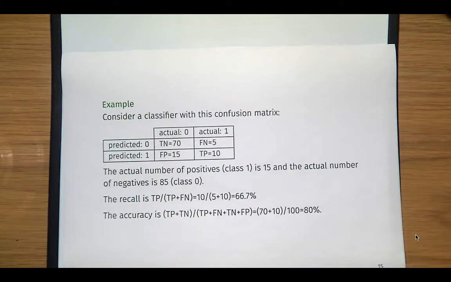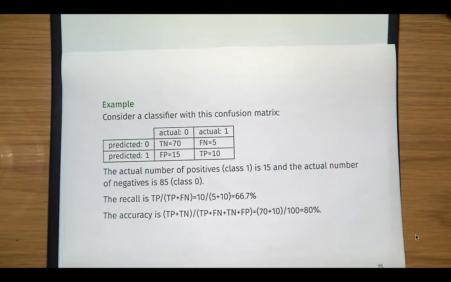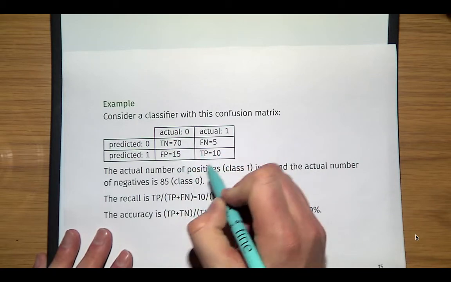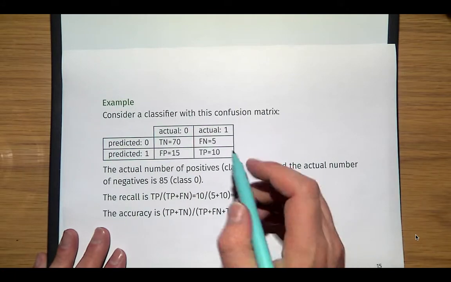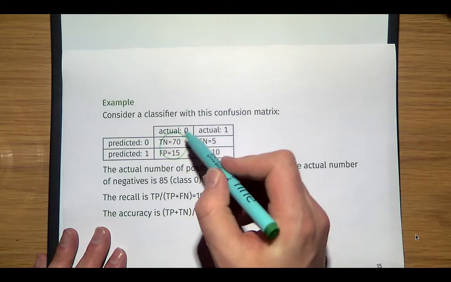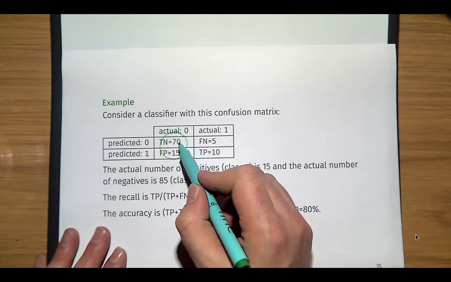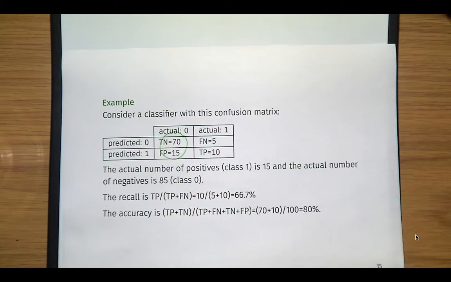Right, so here's what I want to show you, okay? So this is an example that shows you why a single metric is not a good idea, okay? So you start from your table, confusion matrix, and as a side, just by looking at these numbers, you can derive the number of elements you have in each class. So basically, if you look at this column here, if you add these two numbers, 70 plus 15, that's 85, you know you actually have 85 of class 0.